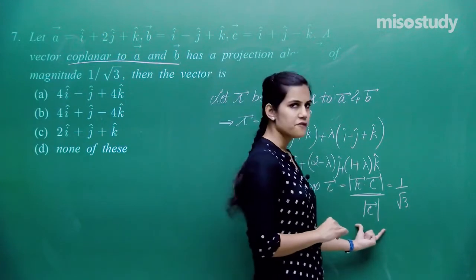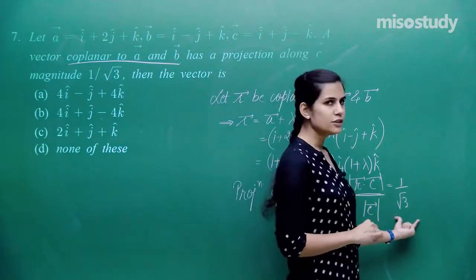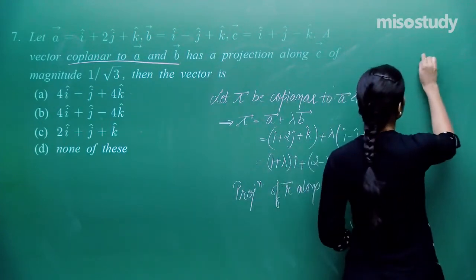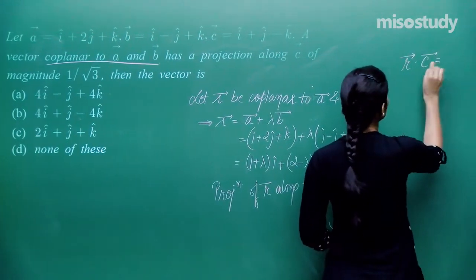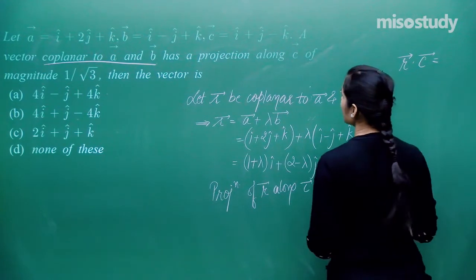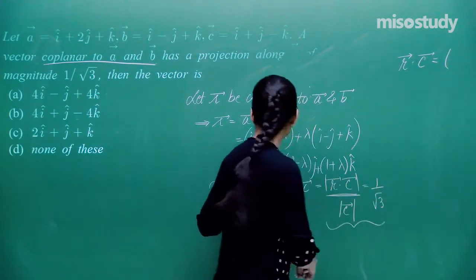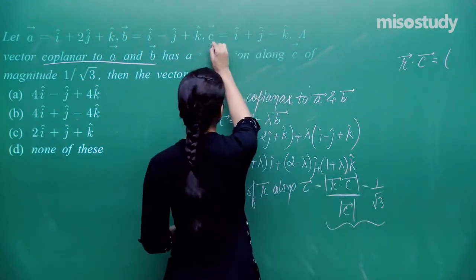If this is my projection and this is given to be 1 by root 3, let's evaluate this expression. R dot C is what? C is given to be i cap plus j cap minus k cap. So I have this R vector dot product with this vector.